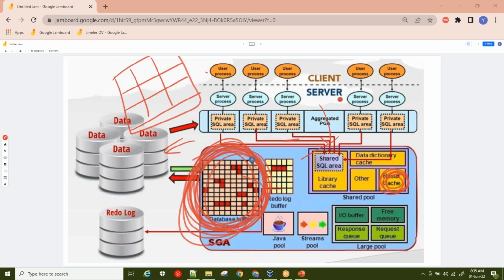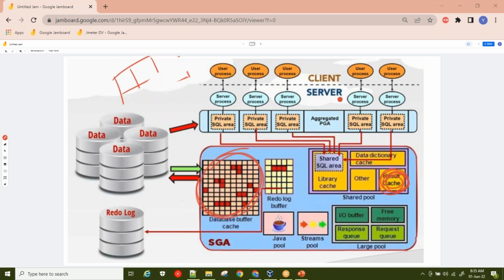Now, if some new statement comes which is not available in the buffer cache, it will go to the data storage, pick it from there and write it to the database buffer cache first, then deliver it to the PGA.